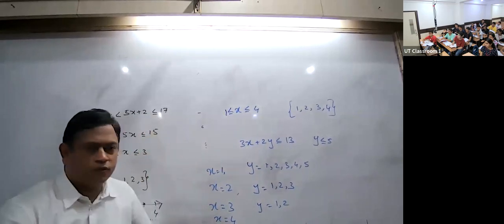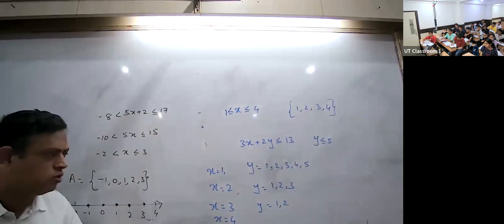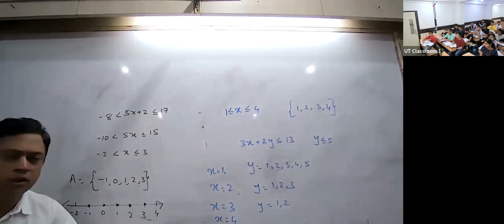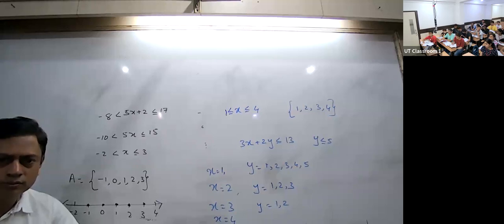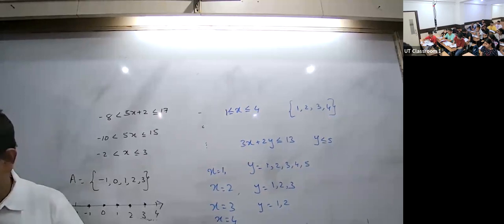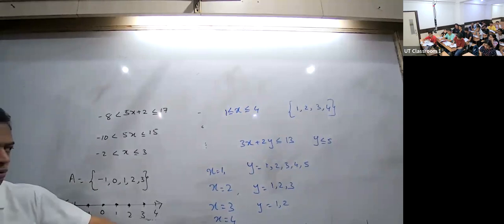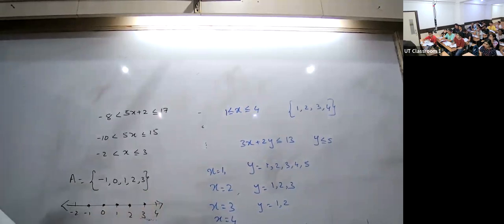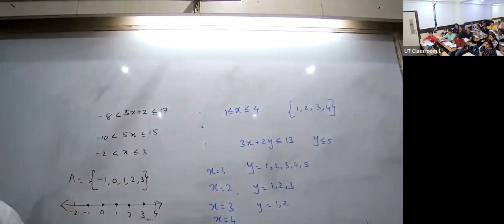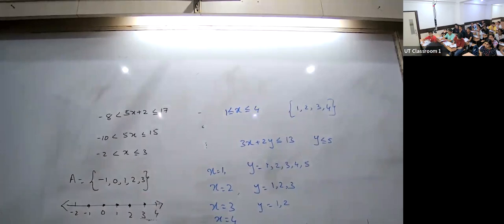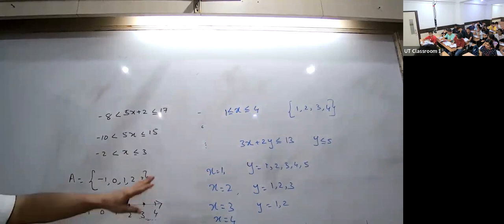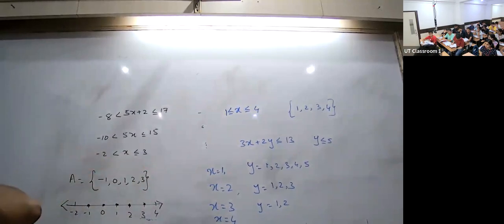Then how did you get 2 or 5? Why not these values? Because 0.5 and 3.5 are not integers. For the first case y is less than or equal to 5, and for the second case y is less than or equal to 3.5.